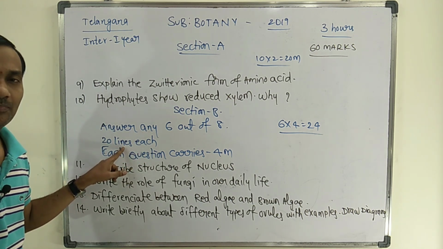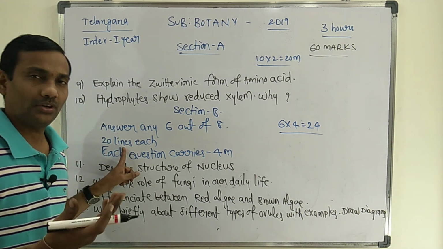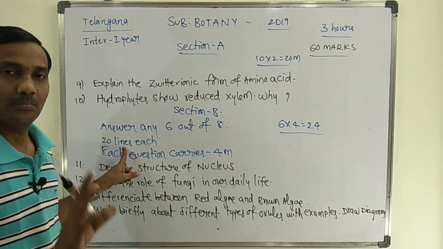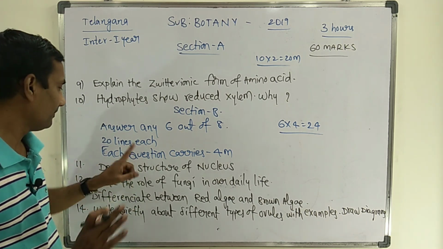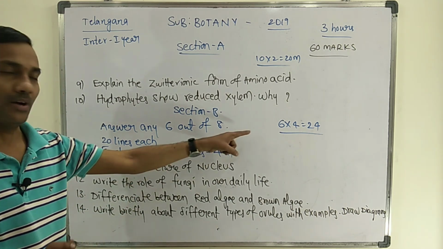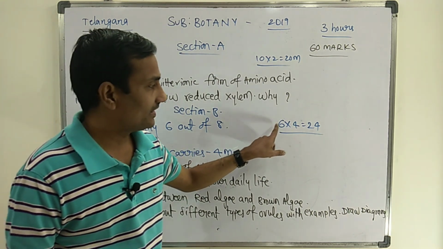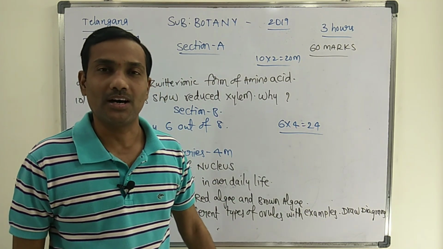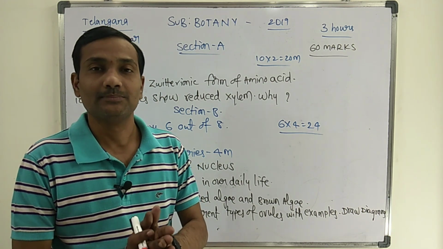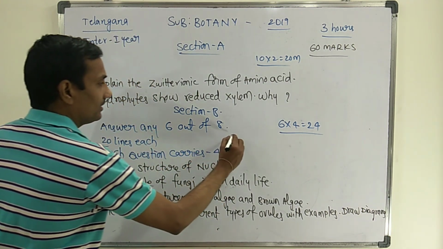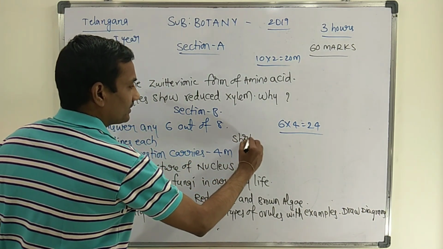20 lines each. You can write up to a maximum of 20 lines, but relevant information should be there. Each question carries 4 marks. So 6 into 4, 24 marks. The questions in the second section are short answer type questions.